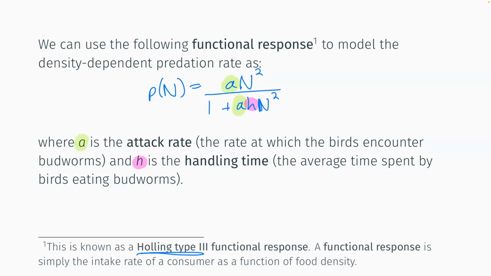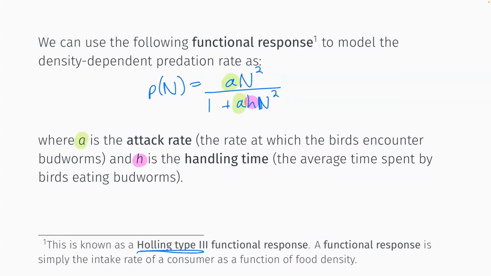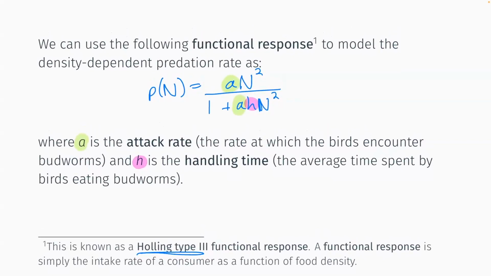Okay, so what does this look like? Why don't you guys have a go at trying to sketch what this curve looks like? So think of this as we want to sketch our predation rate as a function of n. Have a go at that for a few minutes.